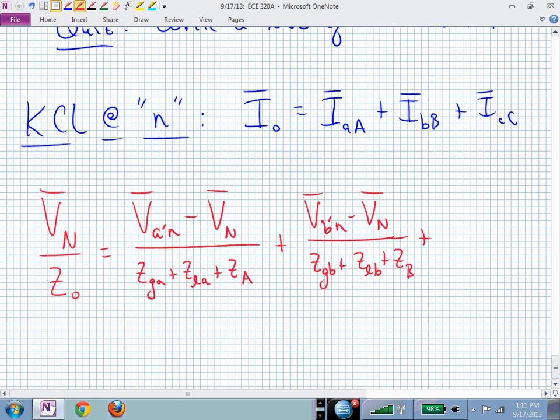And I sub CC. And that's my KCL equation. Did everyone get that? That red line is 98 points. The blue line is 2. Have to be fair.